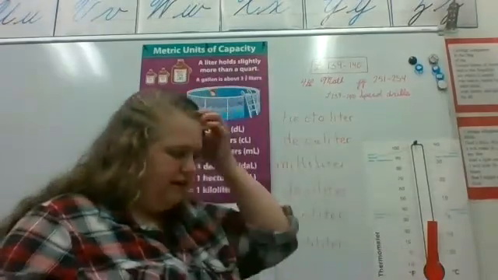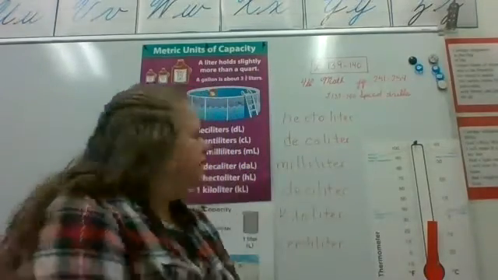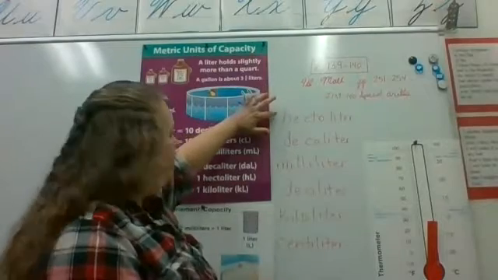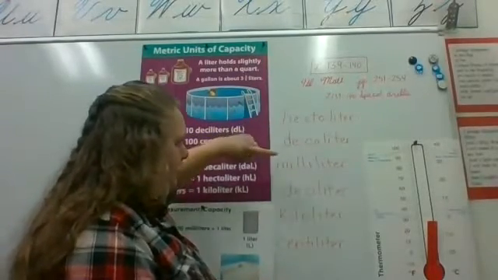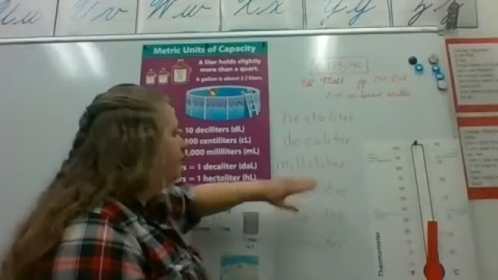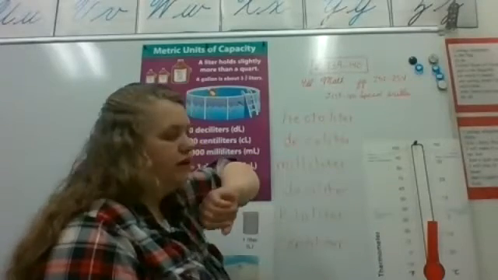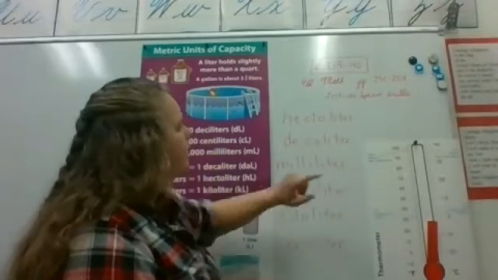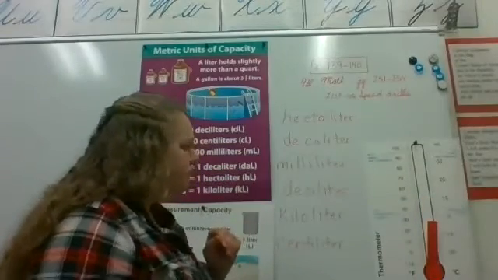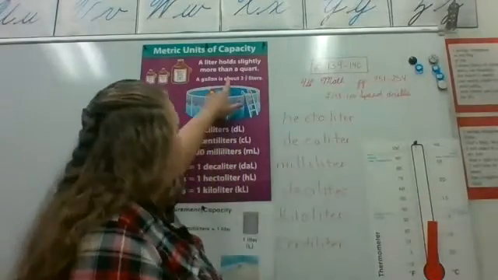All right, as we look at this, we've got our prefixes that we know: hecto, deca, milli, deci, kilo, and centi, but the second half of the word is liter, and a liter is a unit of measurement for capacity.